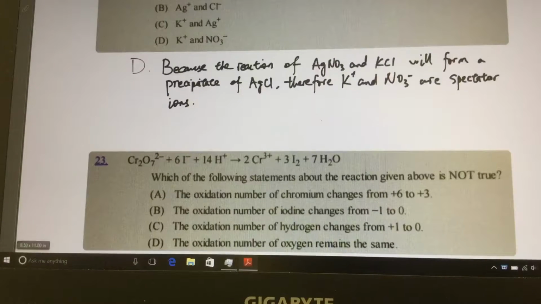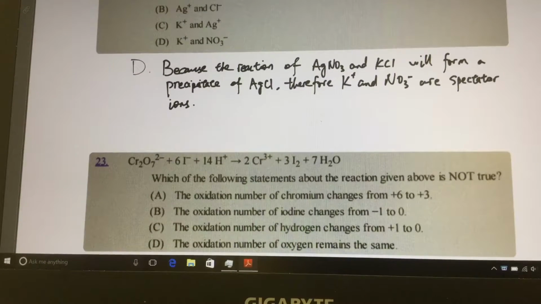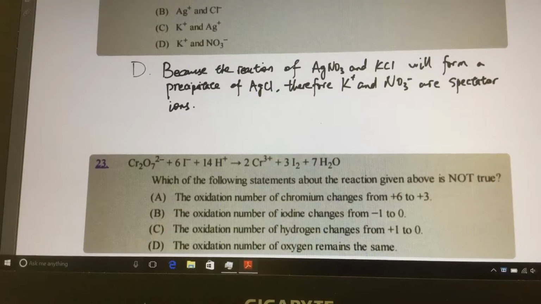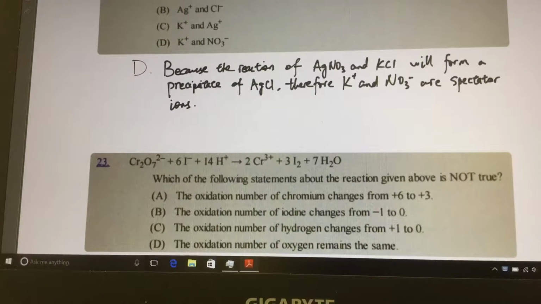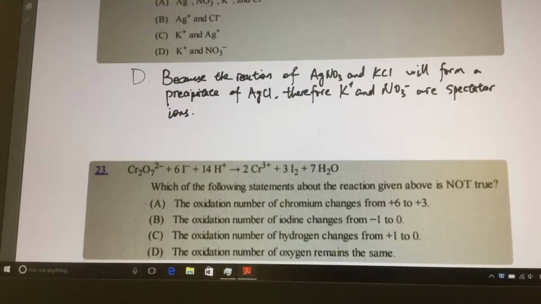And we have the second question. Which of the following statements about the reaction given above is not true? First, the oxidation number of chromium changes from +6 to +3.